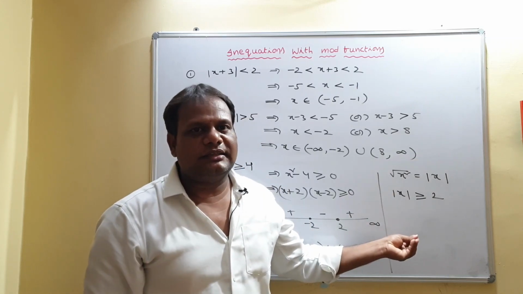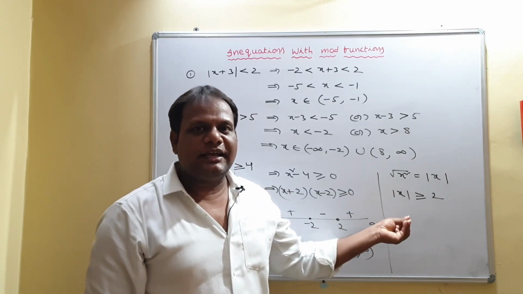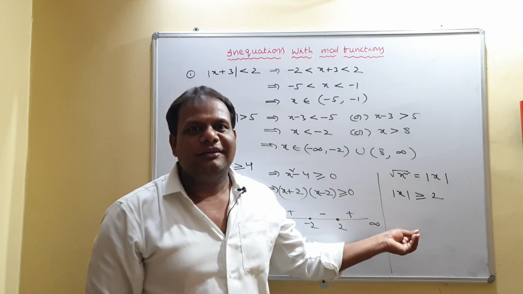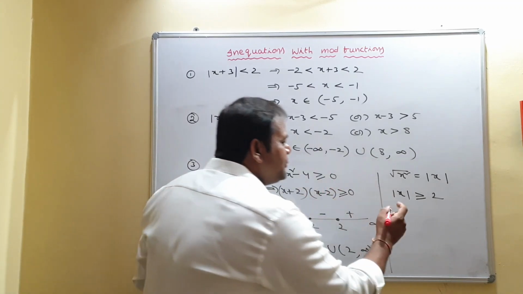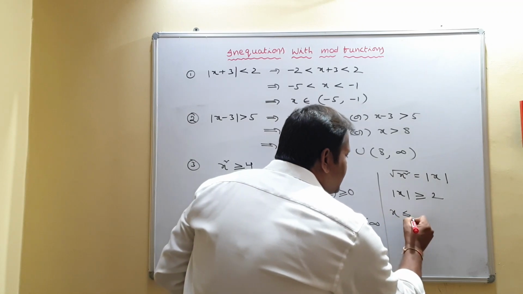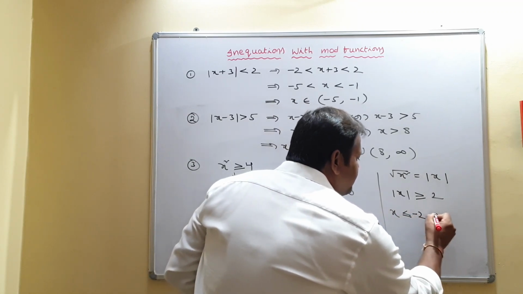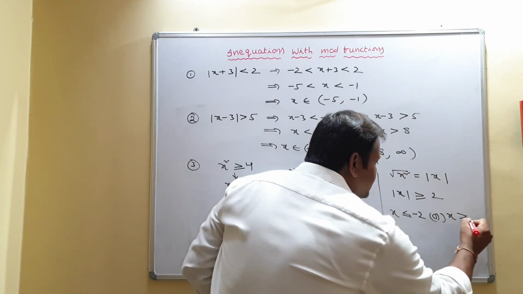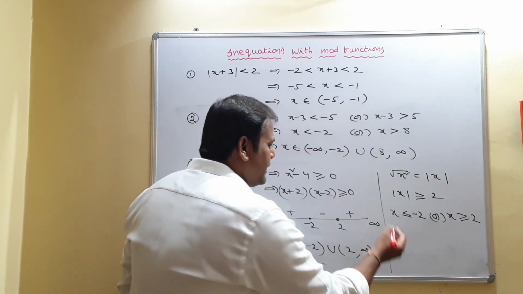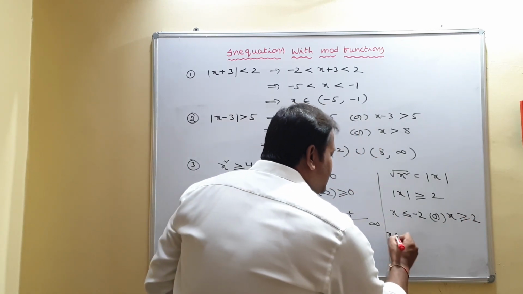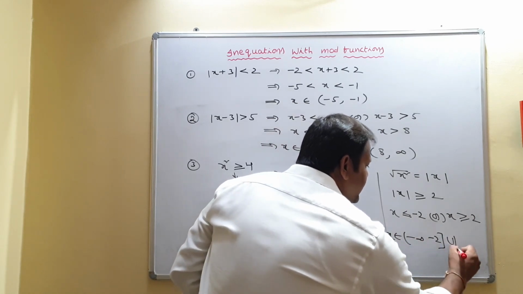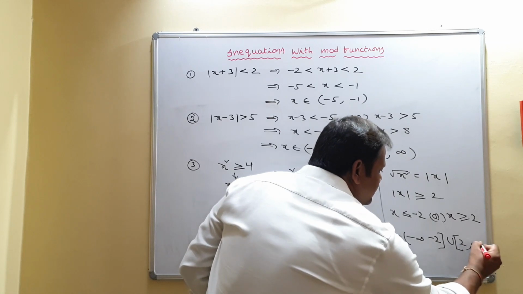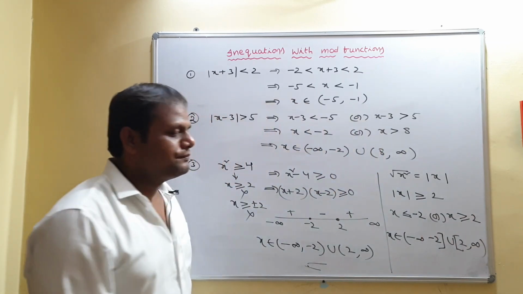It is like mod x greater than or equal to a. So what can you write? x less than or equal to minus a or x greater than or equal to a. So directly you can give the answer: x belongs to minus infinity to minus 2 union 2 to infinity.